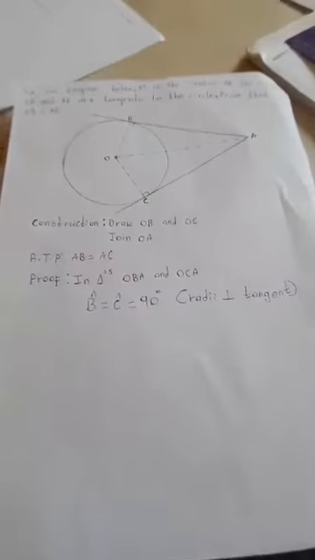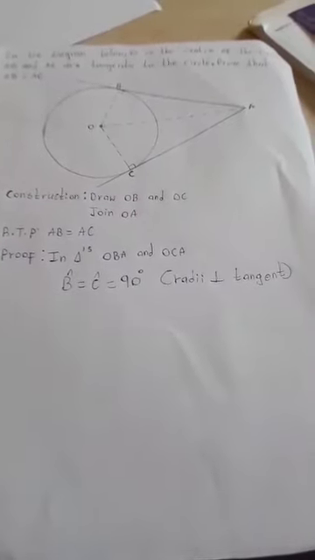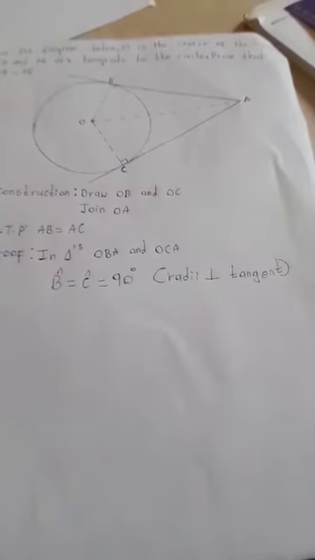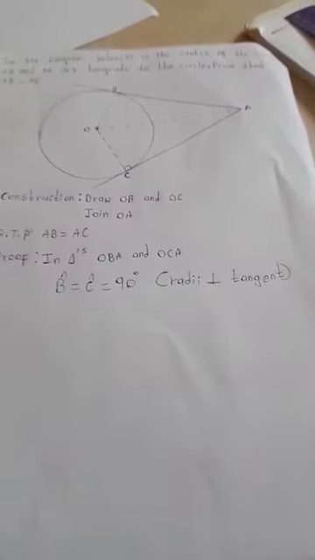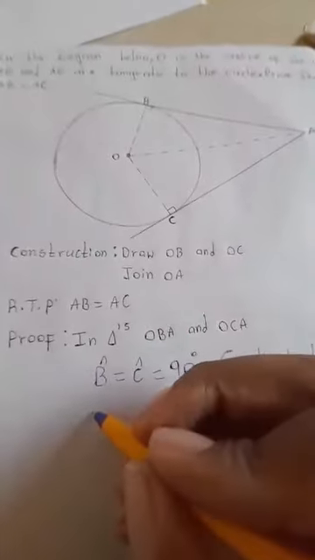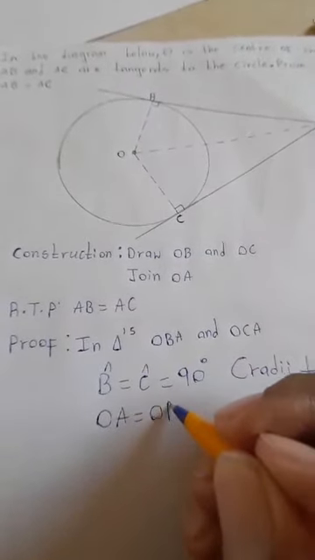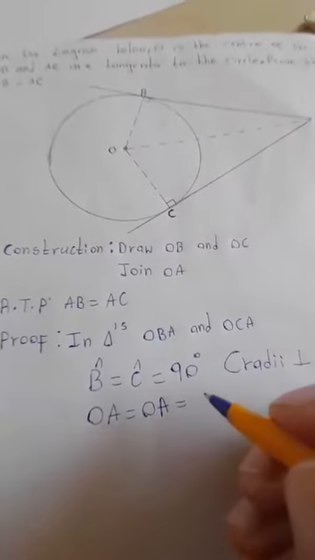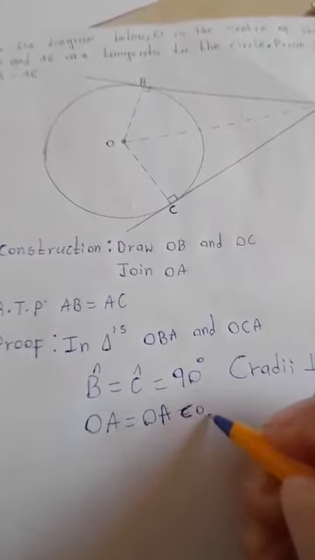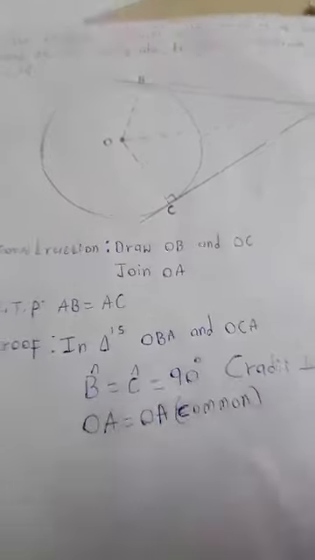Radii bisect tangent. And then what other relationship can we give? We can see that OA is common in both. So we can say OA is equal to OA. The reason is that this is a common side.